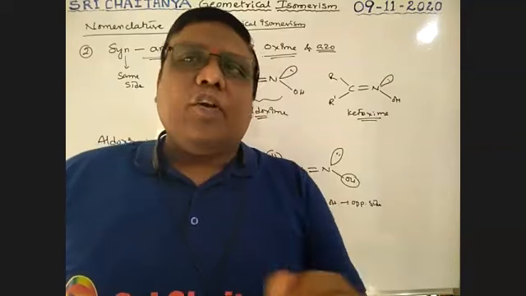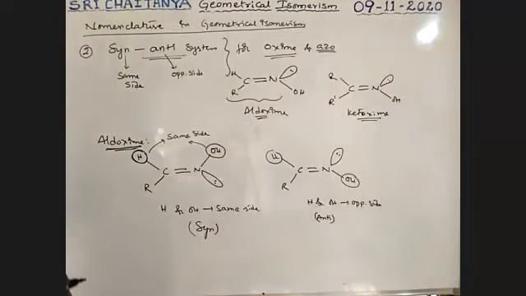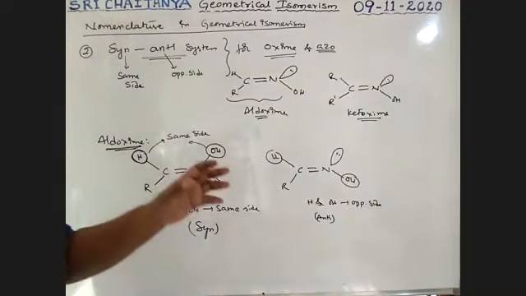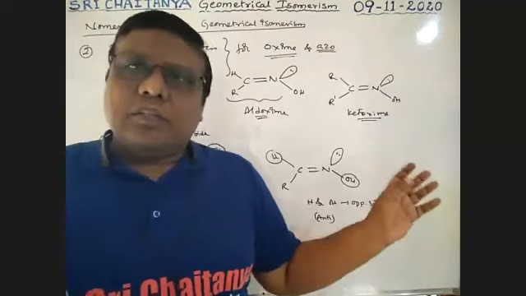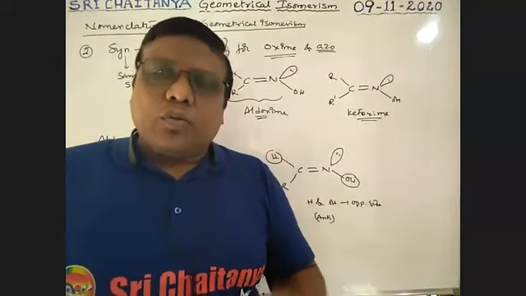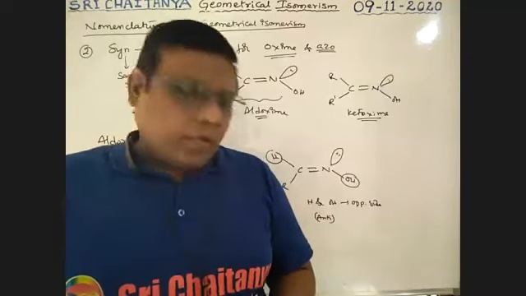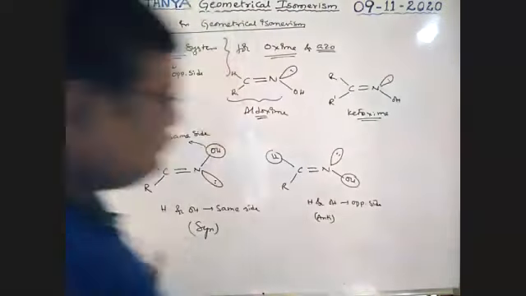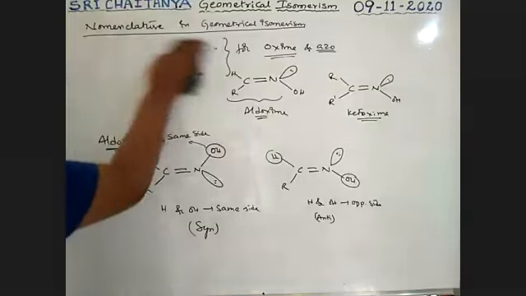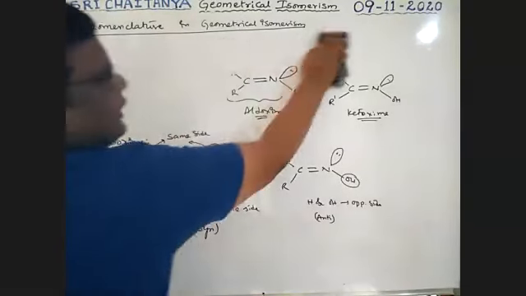For example, if ketoximes are there, how to explain which one is the syn compound and which one is the anti compound? How to name that compound? Okay, see here. What is a ketoxime?